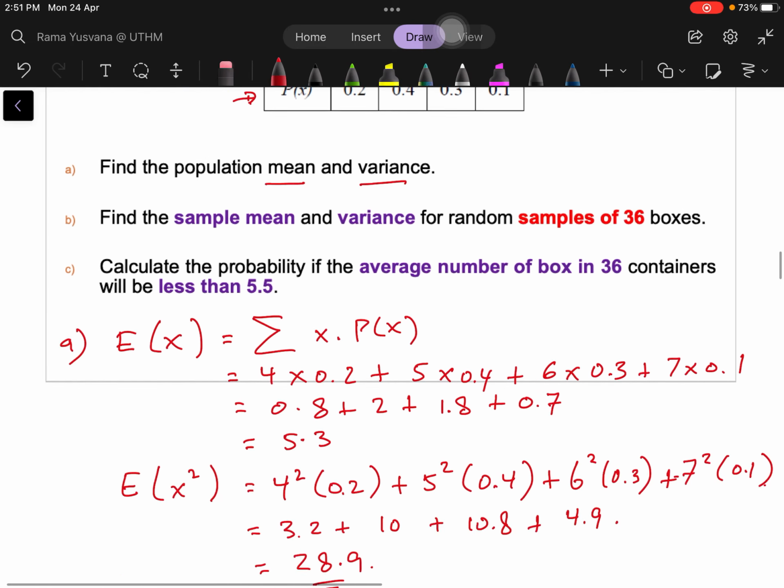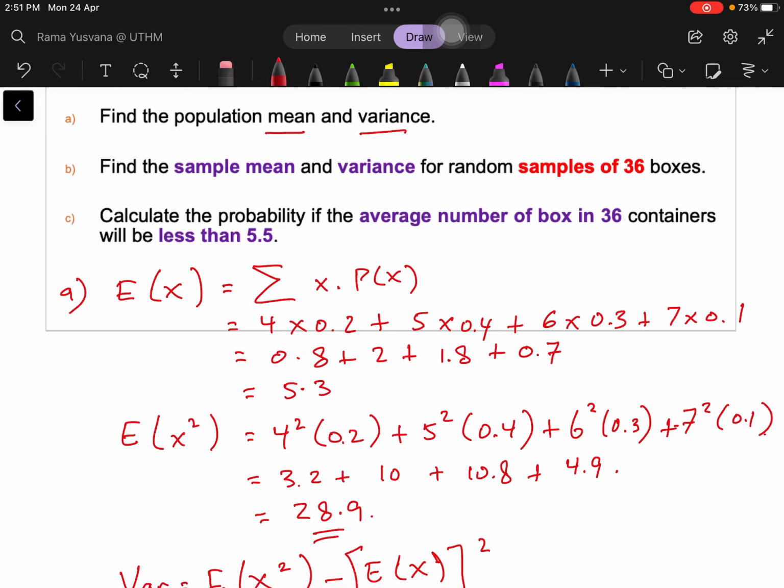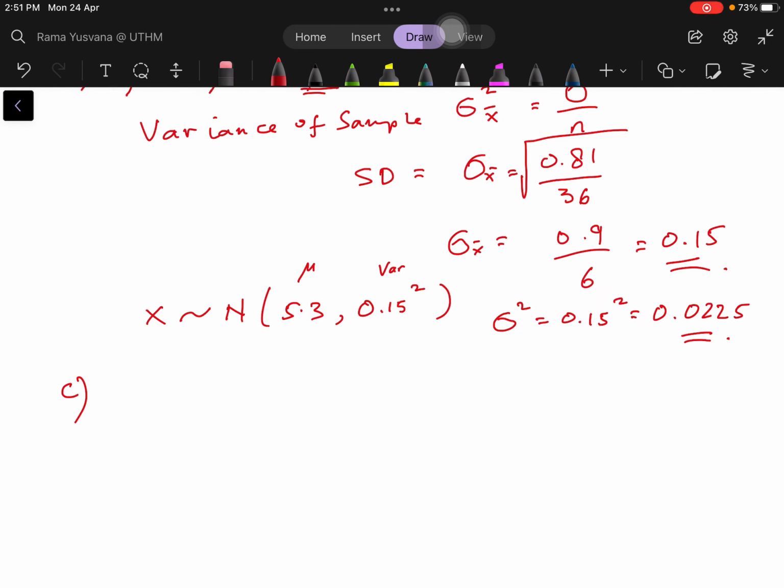And part C: calculate the probability that the average number of boxes in 36 containers will be less than 5.5. So calculate the probability that the random variable x is less than 5.5. Again, we convert this into a z value, a standardized value.